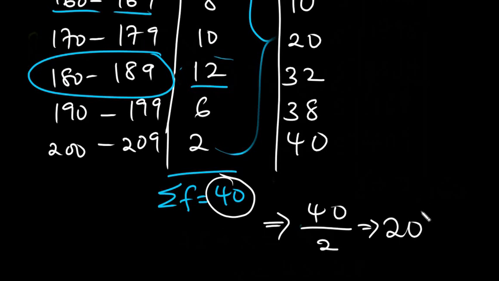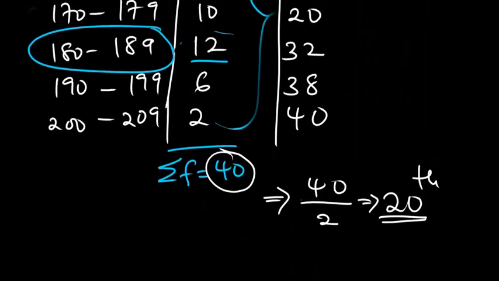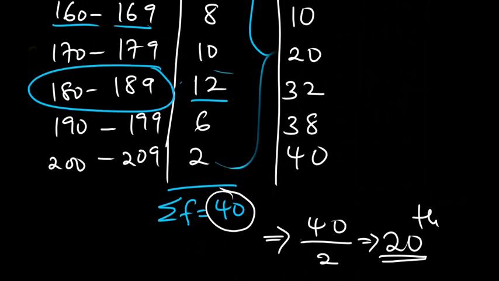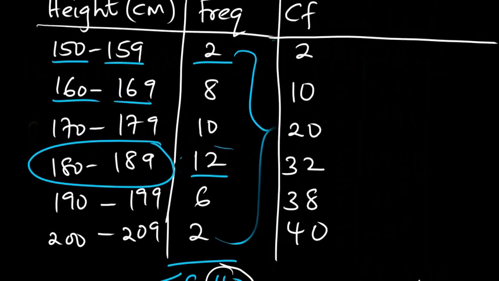Okay, so the 20th term is our median. The 20th term is our median. So let's identify where our 20th term is. So this class has only 2 terms and the last term is the second term.